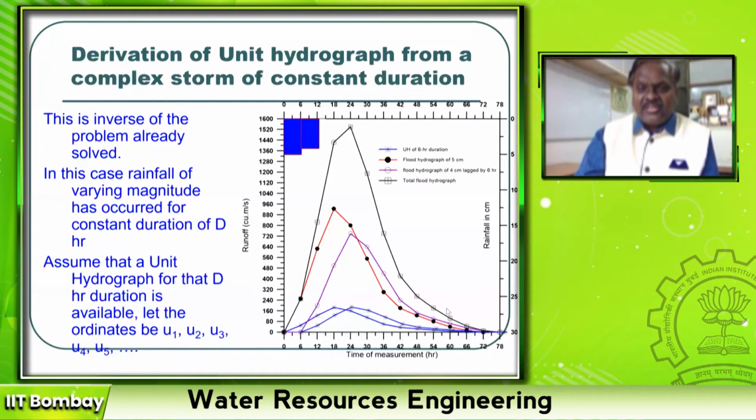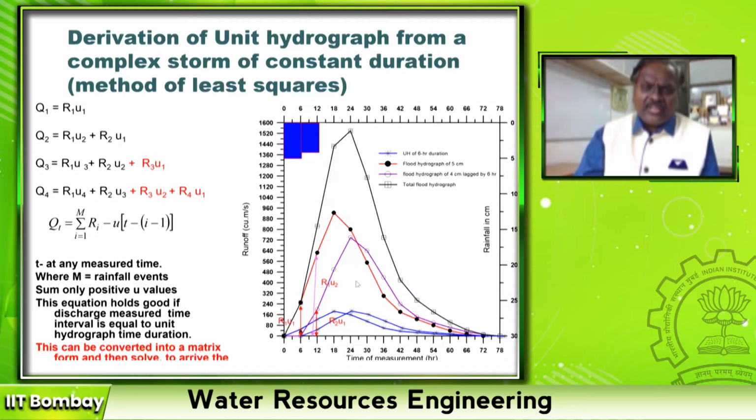Let us assume that it is continuous. Now, in this case there are two rainfalls. The first discharge, which I have observed in the direct runoff, is due to only the first rainfall. So I got this one from the first rainfall only, that is R1 U1.